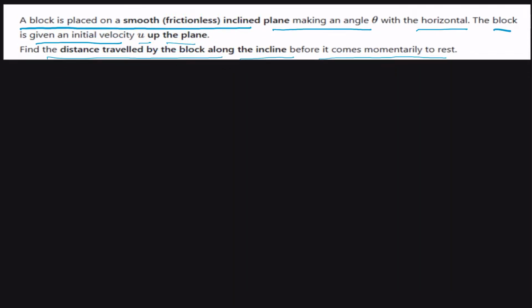So in this case, you can just draw the approximate figure. So block is on an inclined plane, angle of inclination is given as theta, and let us suppose the block is somewhere here, and it is given initial velocity u, and after some time, let us suppose it reaches this position and momentarily it comes to rest.